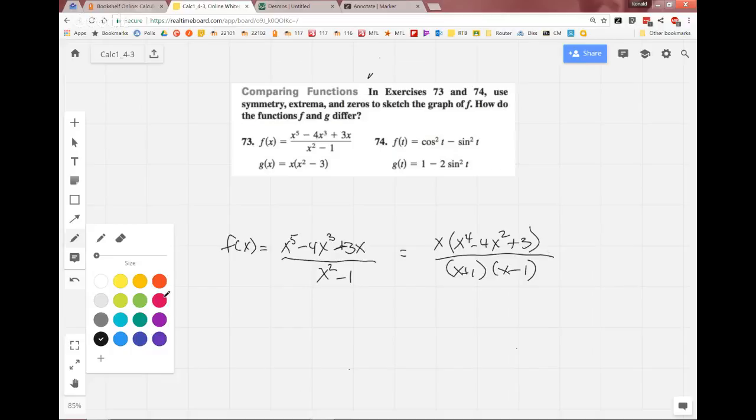I'm pretty sure I can. What is that? x squared, and plus 4 minus 1. So, gotta get a little more space here.